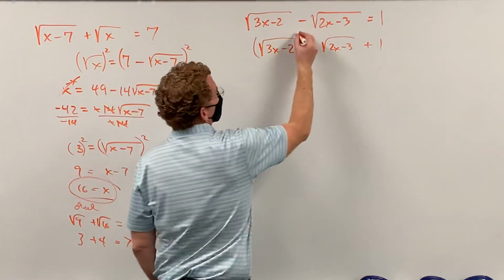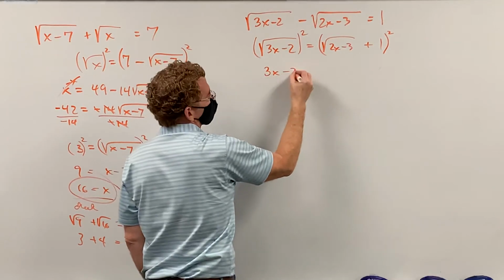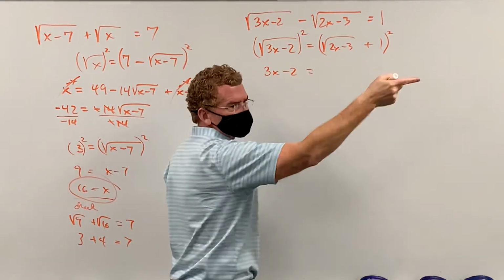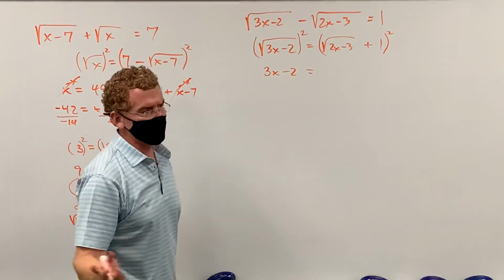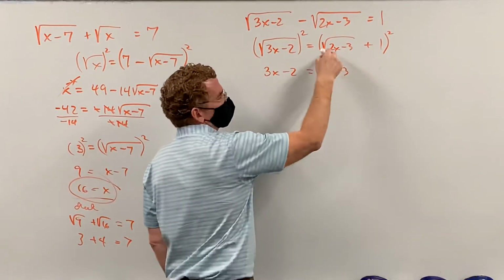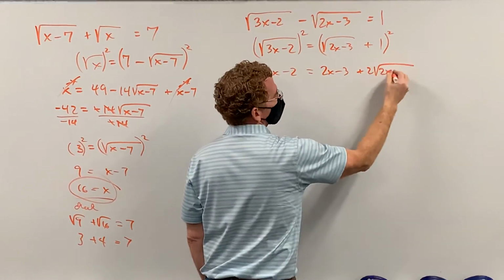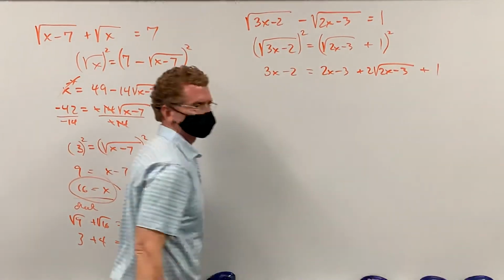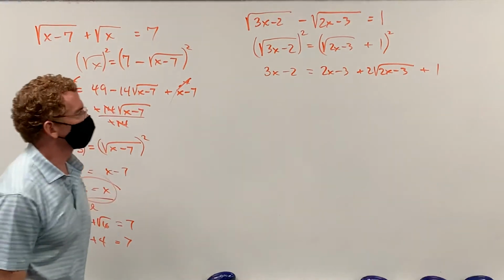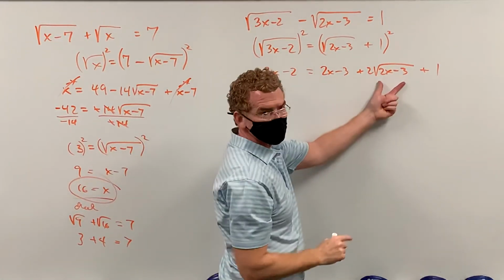And remember, when you square both sides, guys, every year, no matter how many times I do this, I see people square that, square that, square that. It's just downhill from there. So squaring that works, but then that times 2, 2 root 2x minus 3, and then plus 1. Square the 1. And then bring everything else over to the left because you're isolating the radical again.